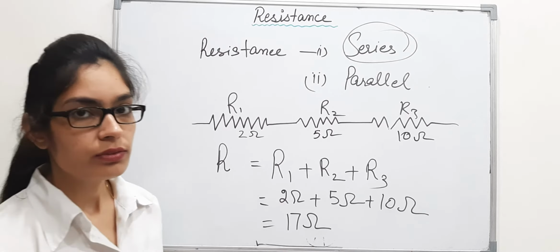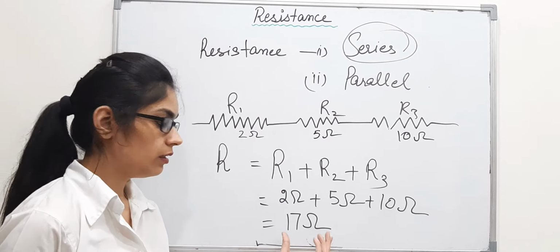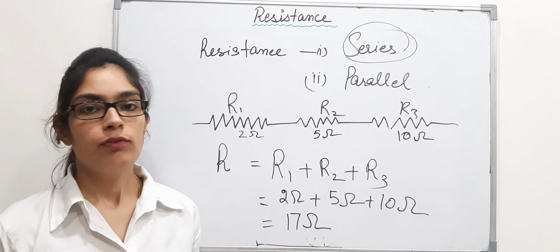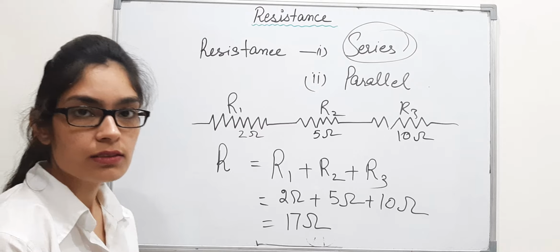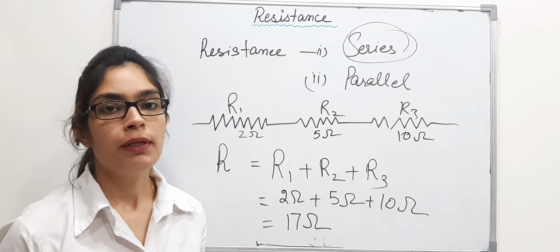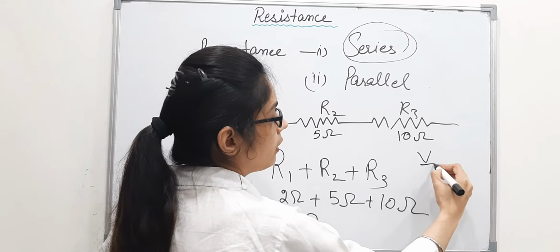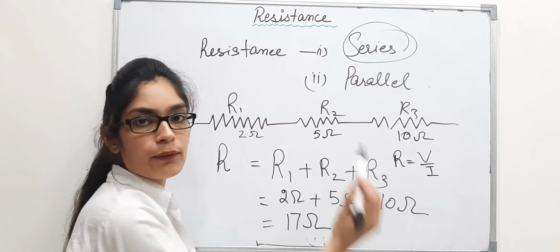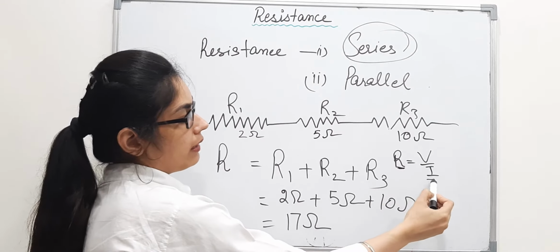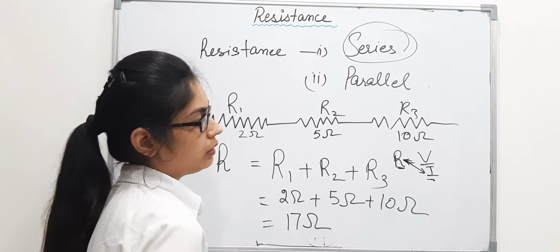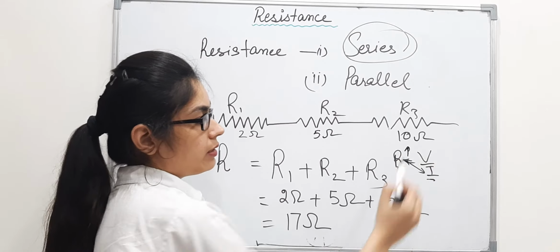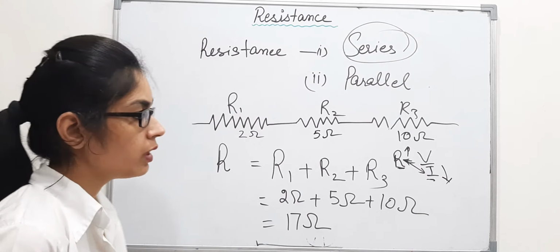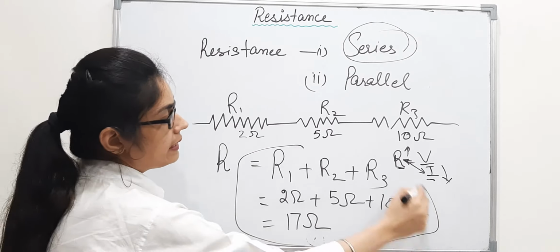So in case of series combination, the resultant resistance will always be more, and we have already discussed if the resistance is more, current will be less. You can see the formula again, R is equal to V upon I. You can see the relationship between resistance and current. They are inversely proportional, which means if you increase resistance, current will decrease. So this was about the series combination.